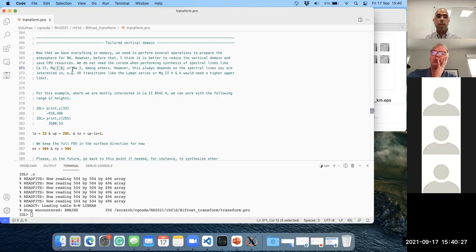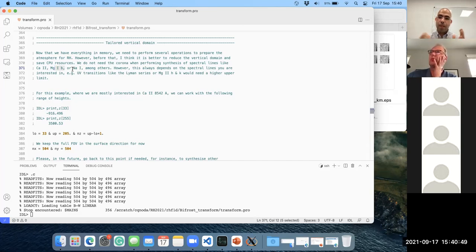So you save time, but you also avoid the possibility that a bad pixel makes the code crash and you lose the solution in that pixel, not because of a calcium atom, but because something went off in some region where RH is sensitive, but not the transition of interest.